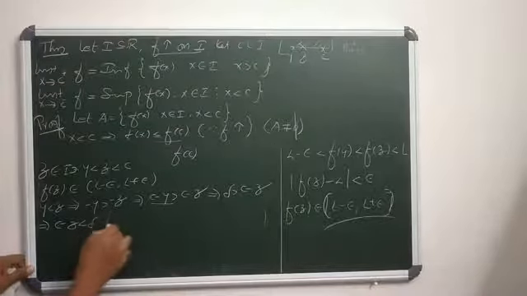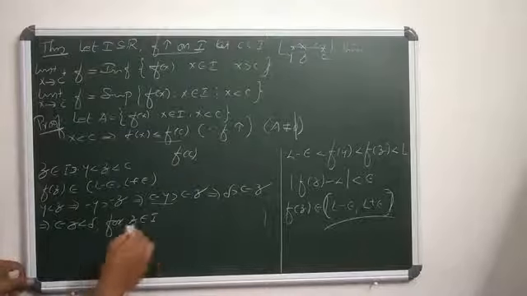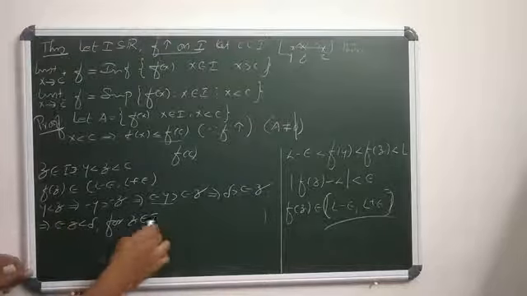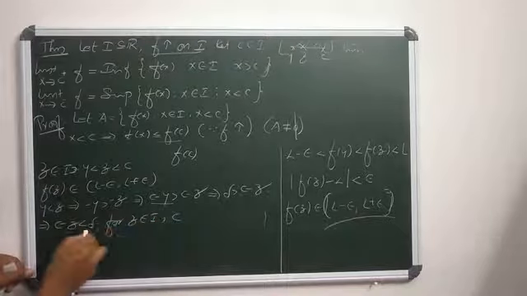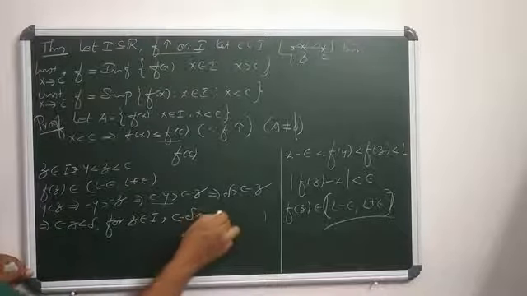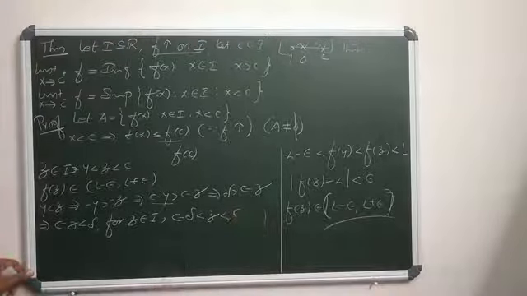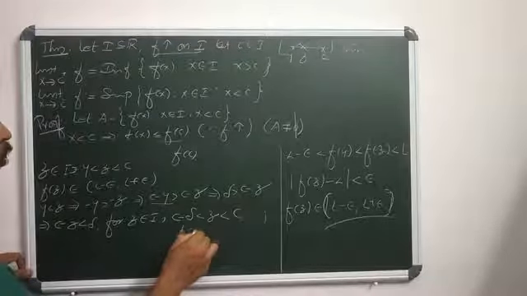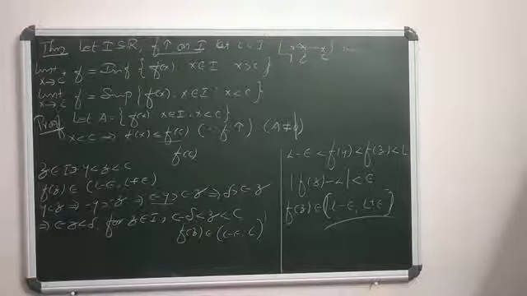For z in I, c minus z less than delta means c minus delta is less than z. But this z is less than c. So c minus delta is less than z less than c. Then here also f of z falls in L minus epsilon and L plus epsilon.